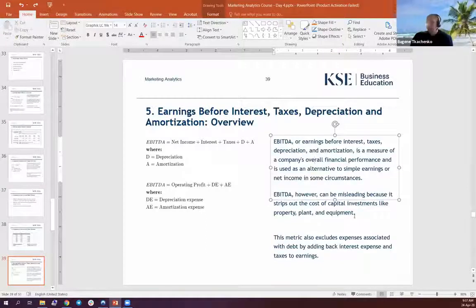So EBITDA can be misleading because it strips out the cost of capital investments like property, plant, and equipment. You are just dealing with the end result of net income, which net income partially is reflecting, but it all depends on the formula you decided to use for this particular calculation.